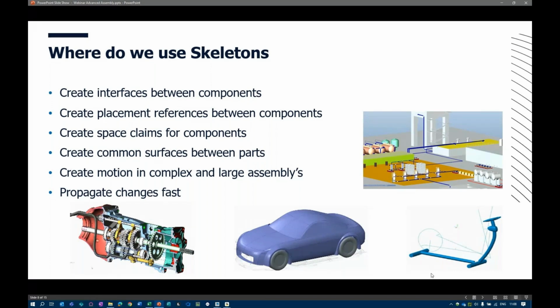So you can test your mechanism before you even create one part, and then copy those lines or circles, whatever you need, into a subpart, and that subpart will use the same references. It's a cool and easy way to test your mechanism before even one part is designed.